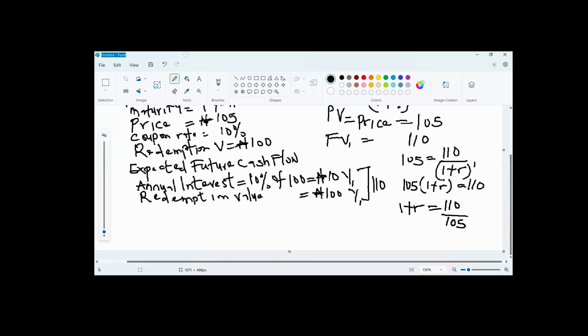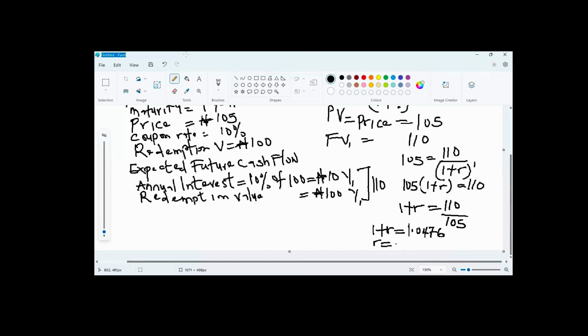Please divide. 110 divided by 105. 1 plus R is equal to what? 1.0476. What is R, please?